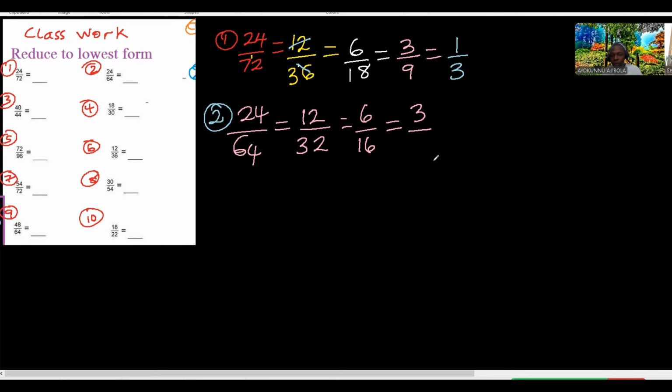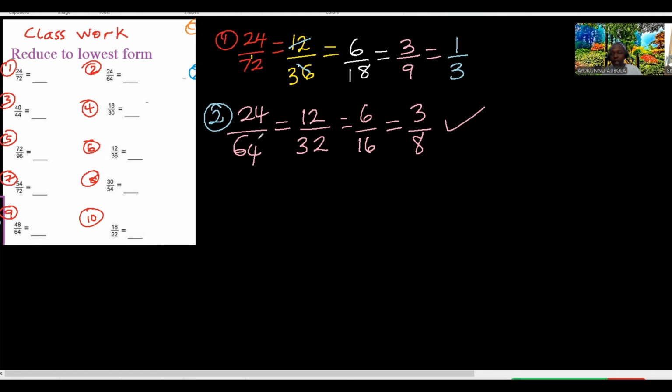Then how many 2s in 16? 8. So can we divide them further? There is no number that is common to them, okay? So that's the lowest form.